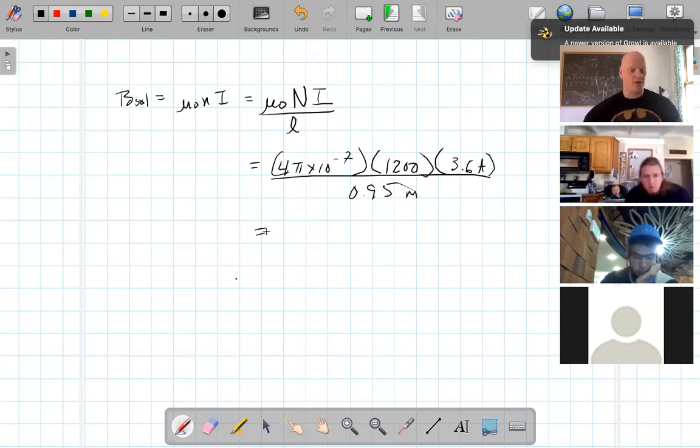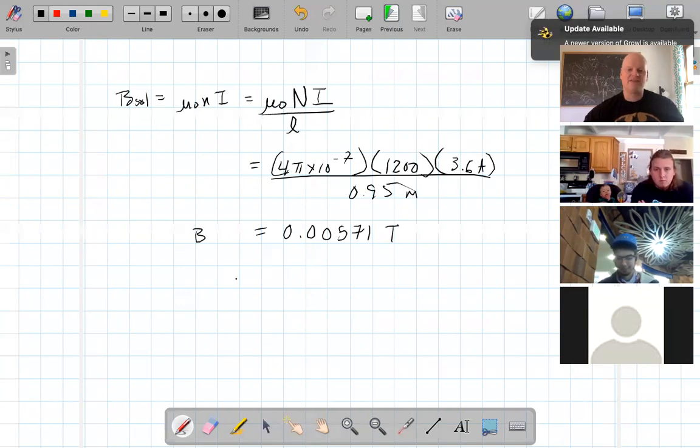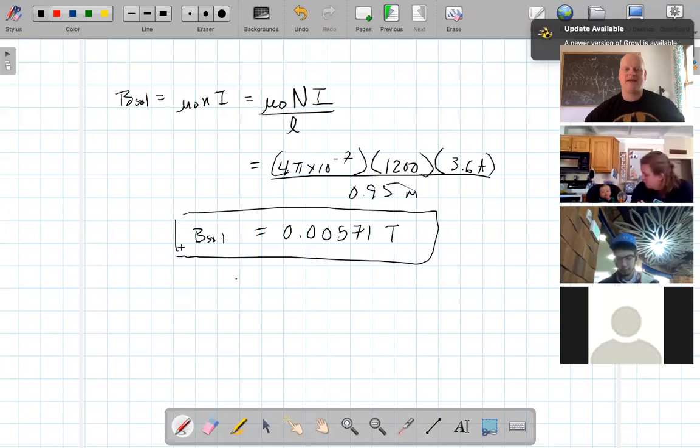So plug all this into our calculator. What we find is that the magnetic field is 0.00571 Teslas. So this is the magnitude of our magnetic field through the axis of our solenoid.